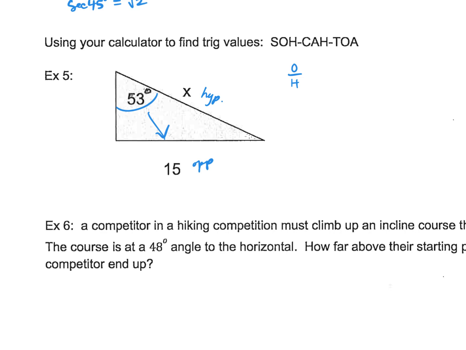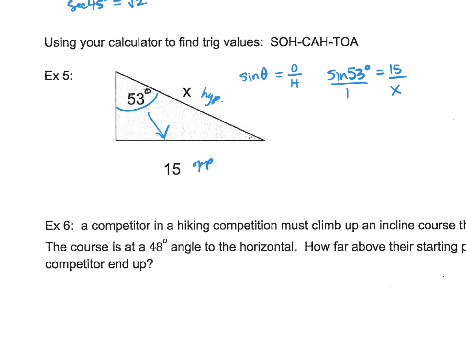So of SOHCAHTOA, which one is opposite over hypotenuse? S stands for sine. So we know sine of the angle equals opposite over hypotenuse, so we just fill in. What is the angle? 53 degrees. What's opposite? Hypotenuse is x. Now this is like having a proportion. You can just cross multiply, guys, and divide.